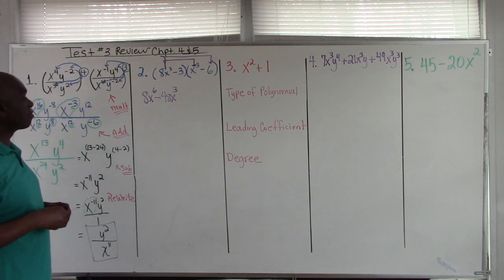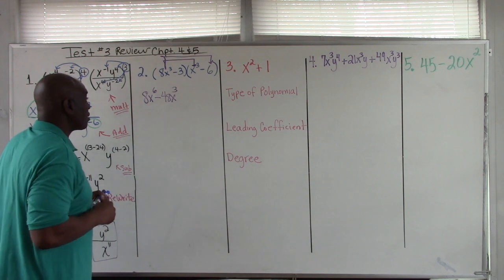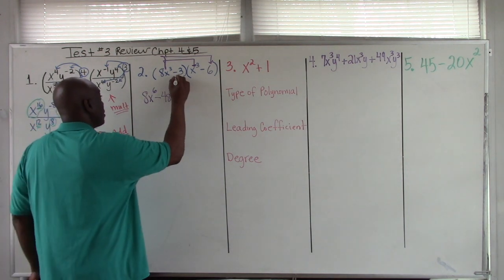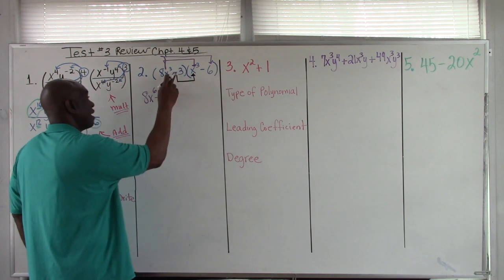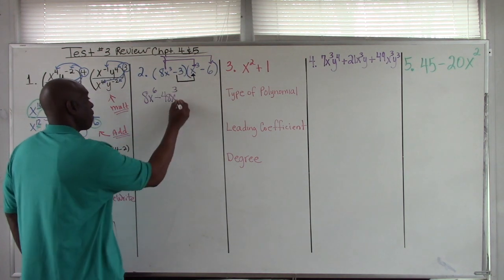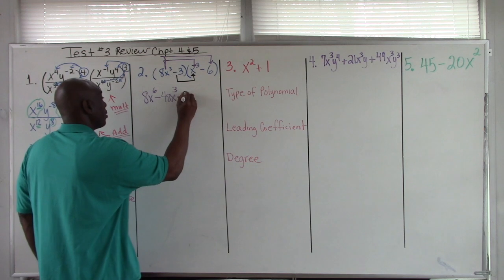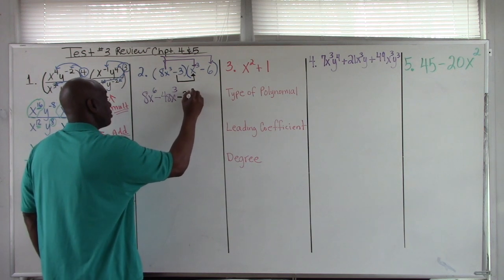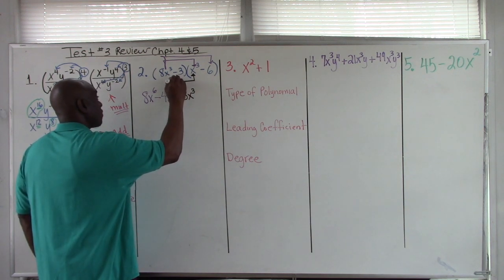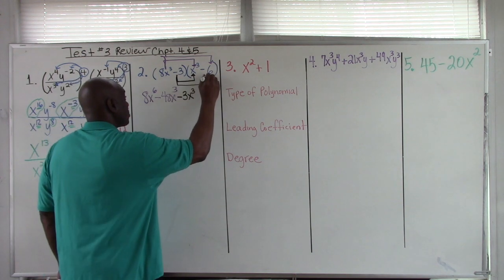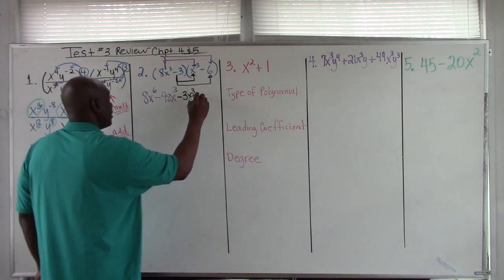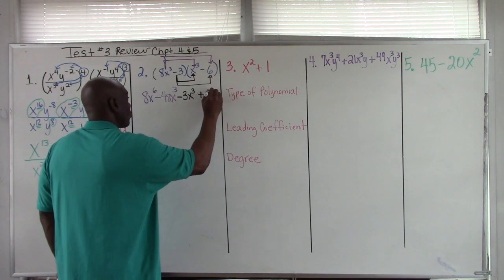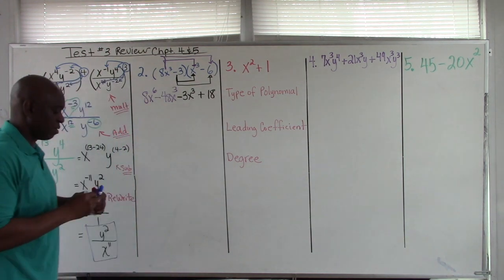Okay, and then you have to take negative 3 times x cubed. That's going to be a negative 3x cubed. And then negative 3 times negative 6. That's going to give me a positive 18. All right.